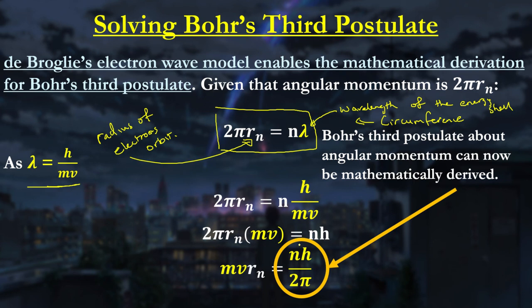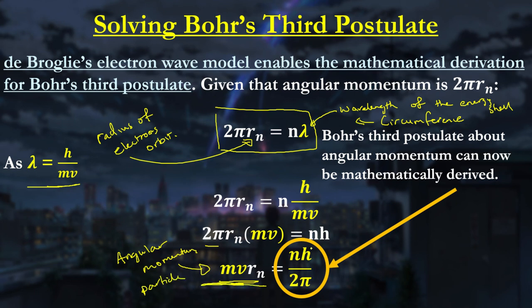Now we want to rearrange it where it's nh divided by 2 pi. So what we can find here is, if we move mv over to the left hand side, we'll get this equation here. And then if we move the 2 pi over, this is the formula, the angular momentum of the particle, so the angular momentum of the electron.